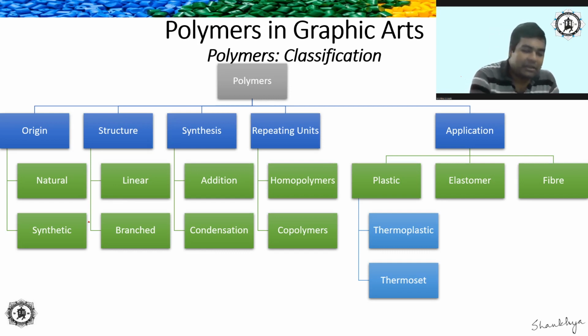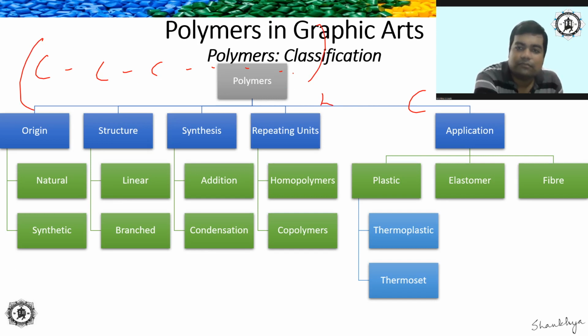A typical linear structure will look something like this. You'll have carbon atoms arranged like this. But in a branched structure, you will have something like this, where everything will be covered by n, right? Something like this, and it will be highly branched.